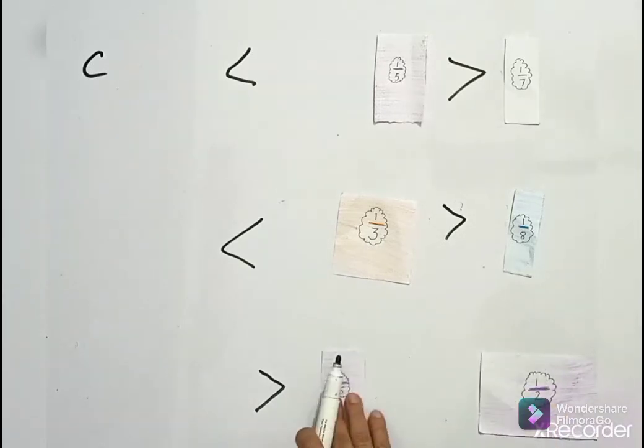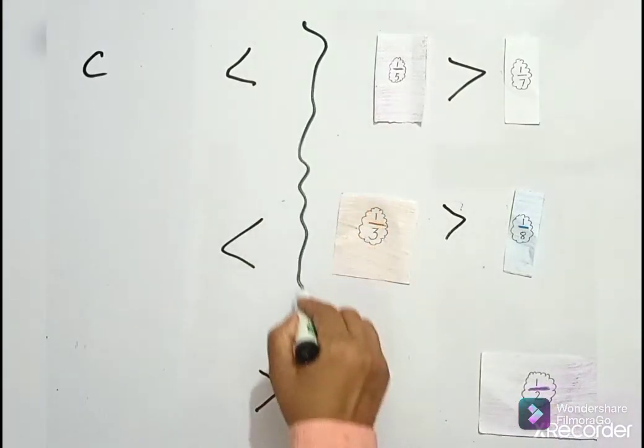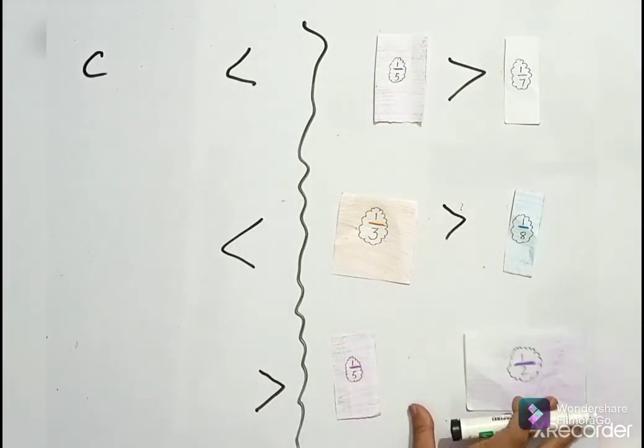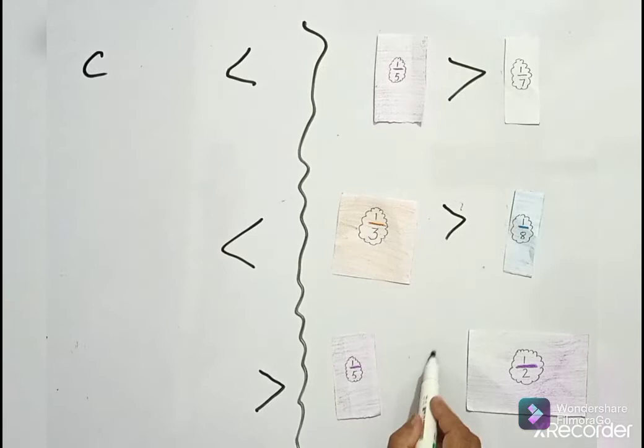1 over 5 and 1 over 2, which is smaller? Very good, 1 over 5. Students, please make this activity and use it, and you can make 10 sums in your classwork notebook.